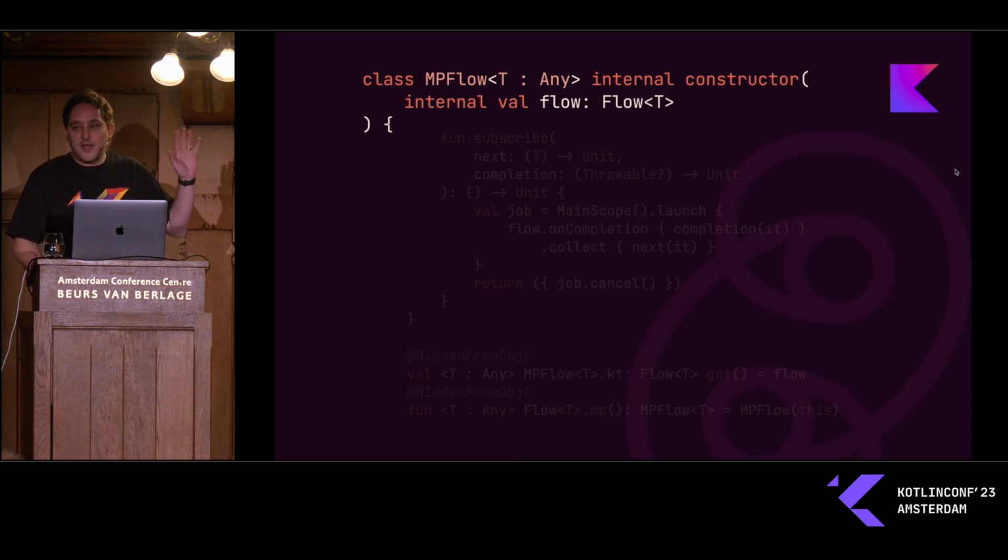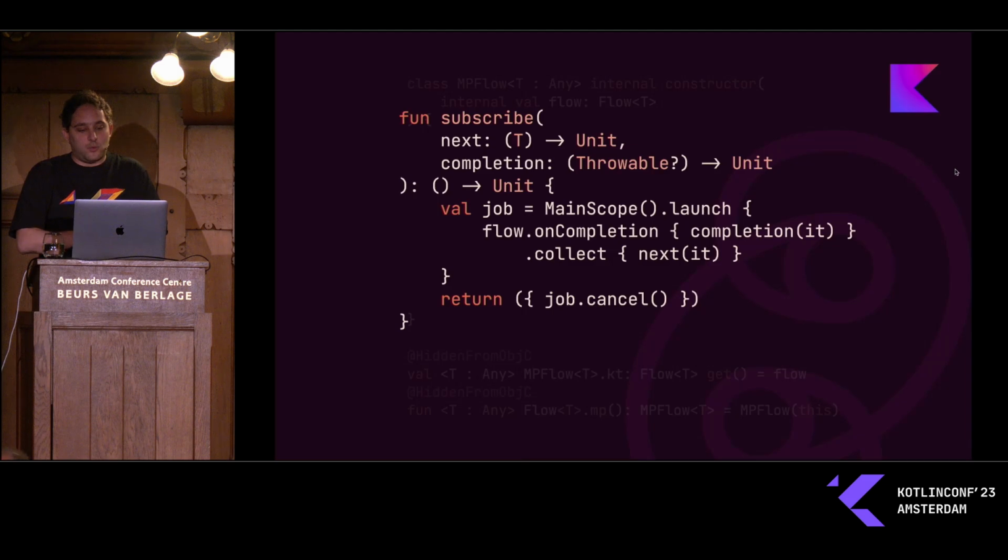Now, as you can see, the constructor is internal. That means that our flow is hidden and the Swift developers won't see this ugly kotlinx.coroutines Flow, or whatever. It is internal, so they won't see it. And then we provide basically the same function called subscribe, and we allow the callback to be called on the flow.